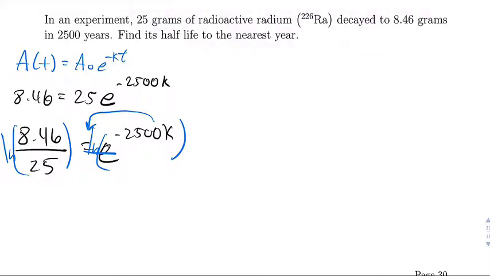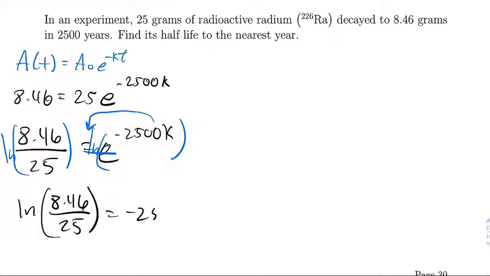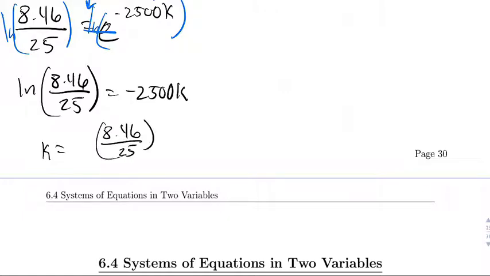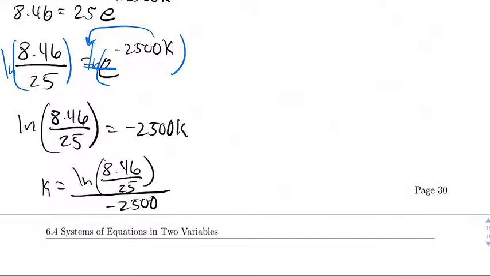So now we'll have the natural log of 8.46 divided by 25 equals a negative 2,500k. So that means k is going to be the natural log of 8.46 over 25, all over negative 2,500. Okay? So that's an exact result for k.